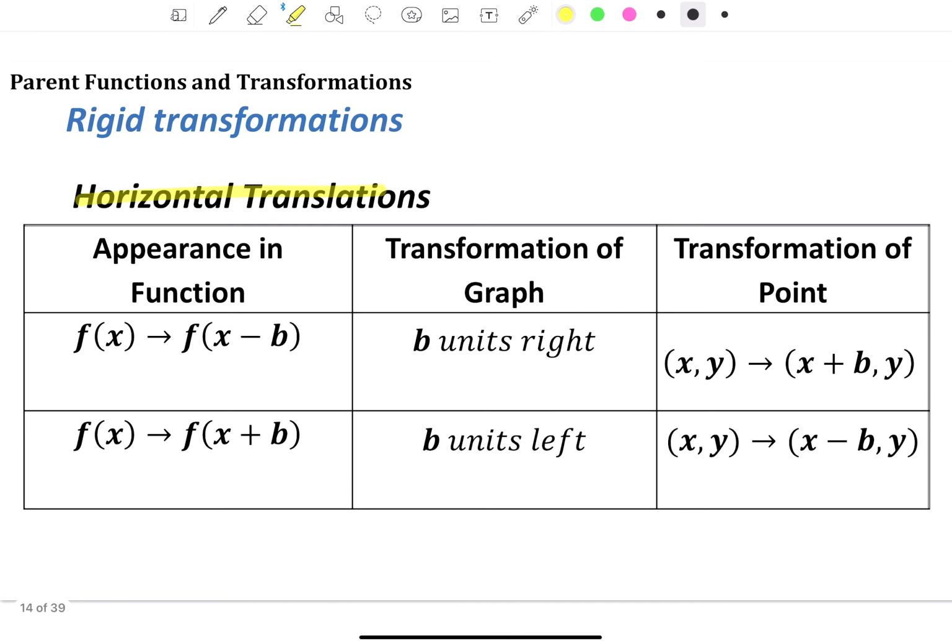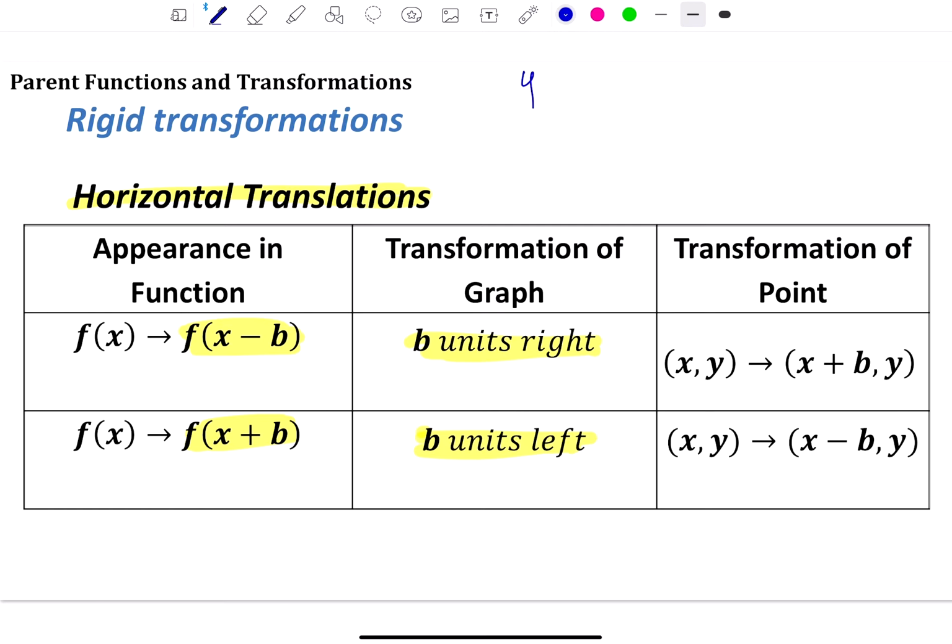Horizontal translations. If the number is actually inside your function, added or subtracted. Notice it's not after your function, it's not after f of x. Now this number is an intruder, it's going inside the function. So if it's f of x minus b, the graph will be shifted b units right. If it's f of x plus b, the graph will be shifted b units left.